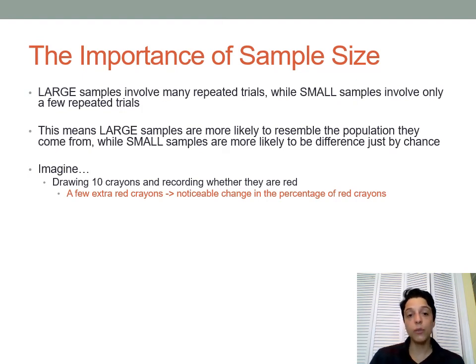But let's say that you just happen to draw 4 red crayons out of 10. That's 3 extra red crayons that you just happened to draw when you were drawing crayons out of your big pot. Well, if you draw 4 red crayons out of 10, now you have 40% red crayons just by chance, because you happen to draw a few extra red crayons in some of your trials. And that leads to a really noticeable change in the percentage of red crayons.